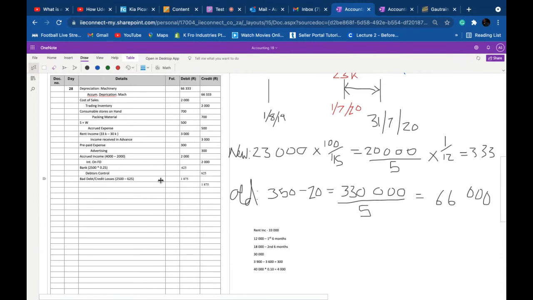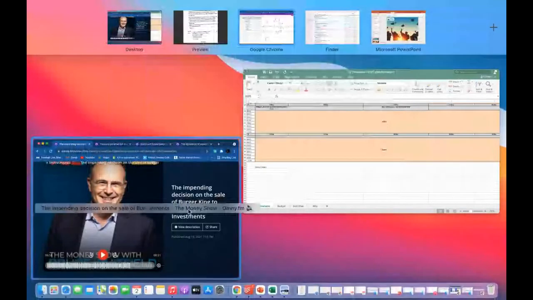Here, debtors control is going to be affected. So then you are done also in that regard. Okay, let's proceed.